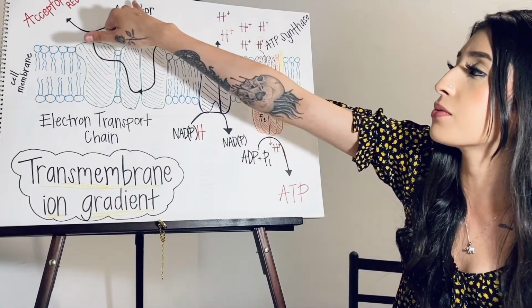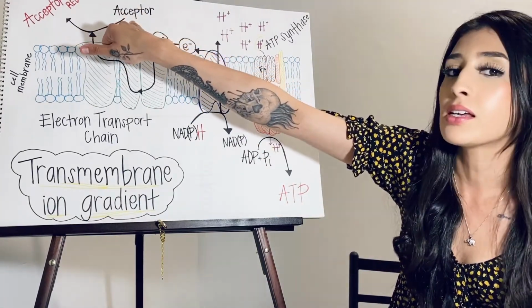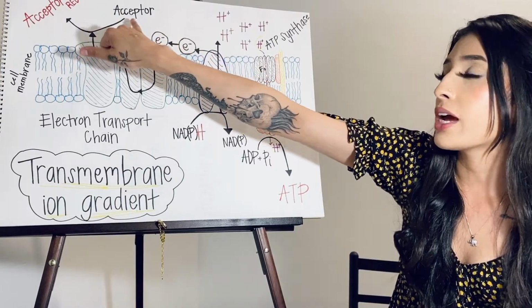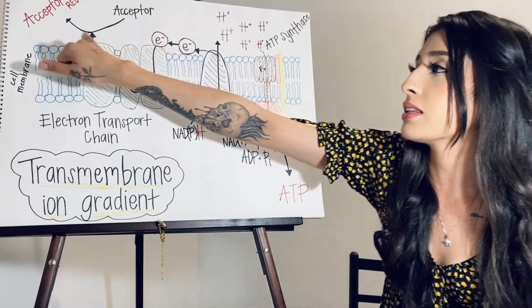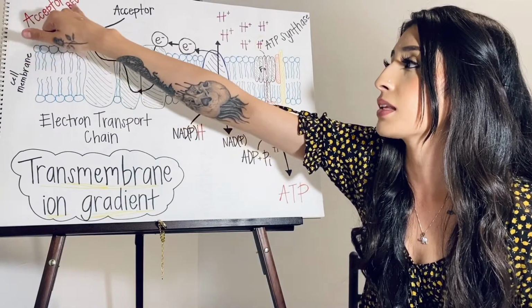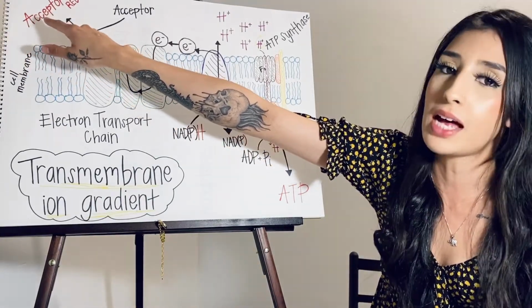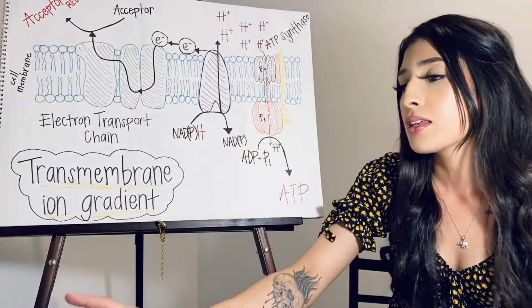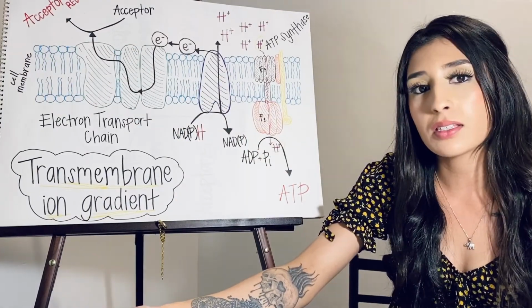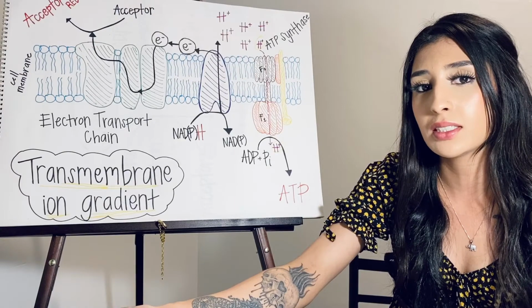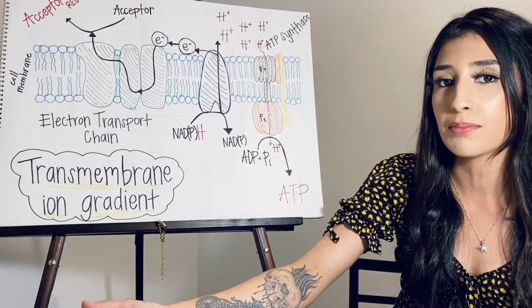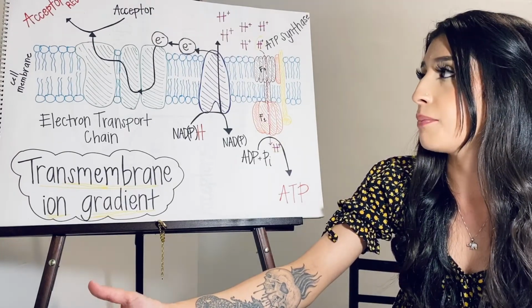So yes, that would be here. The acceptor is the NAD or NADP, and it is reduced once it has that proton attached. That basis is pretty important with ATP generation when it comes to proton acceptors.